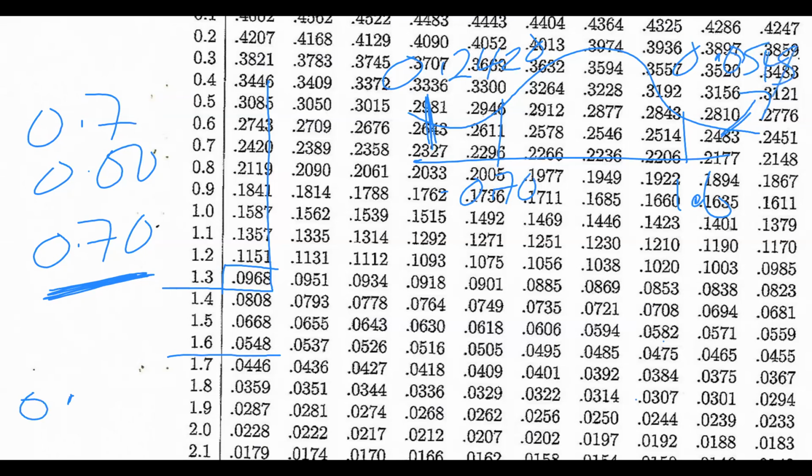0.0548. Now, the question is asking you to find the area that is in between. That is here. You know already the area that is in these other sides, right? But you know the total area under the curve is 1. So what can you do from here? How do you find this red region?